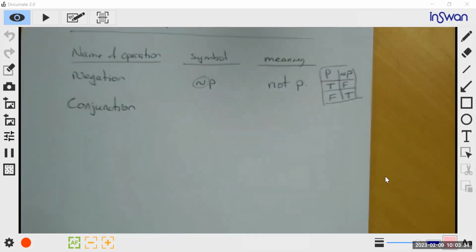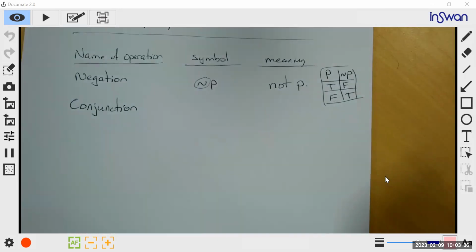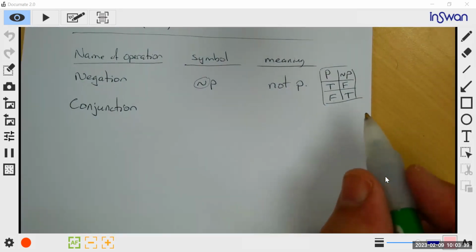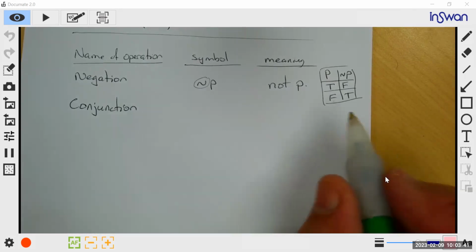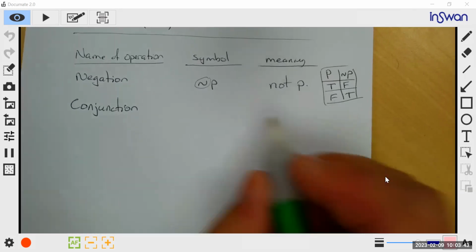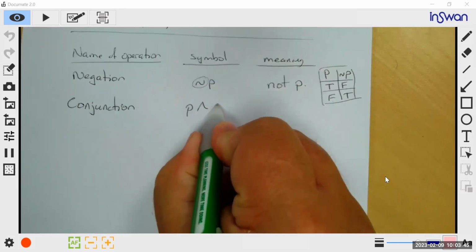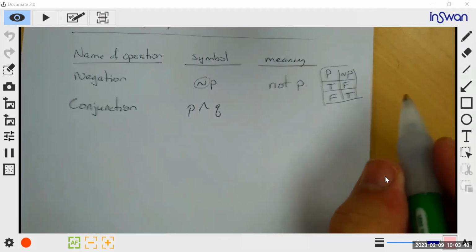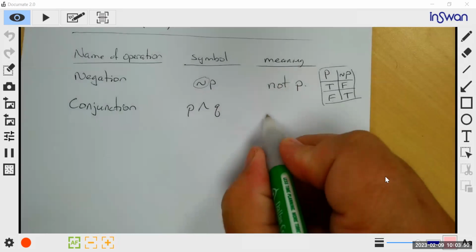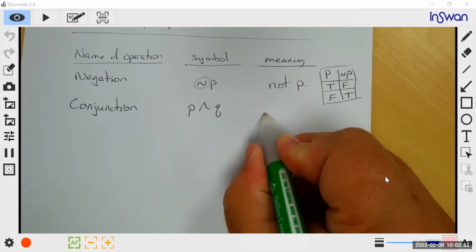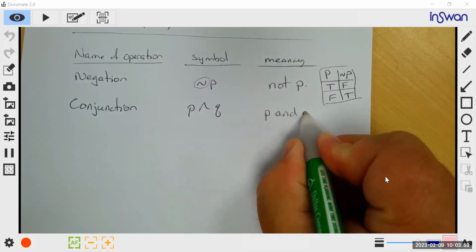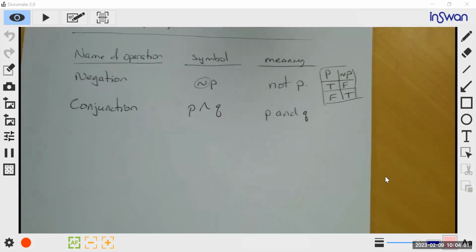Conjunction. What symbol do we use for conjunction? Arrow up, right. So how would you read that? It's sometimes just that easy.